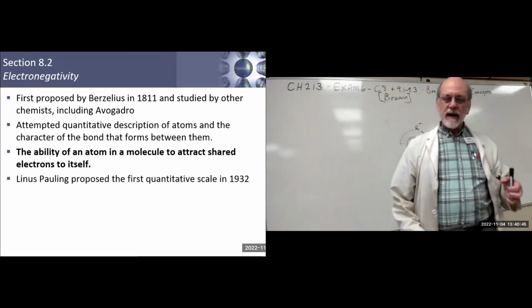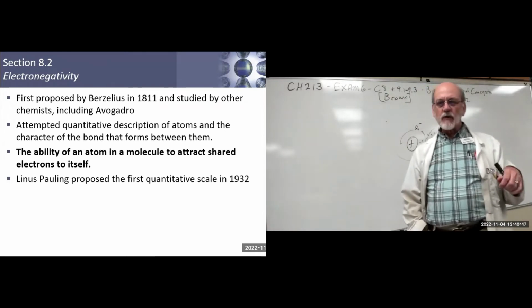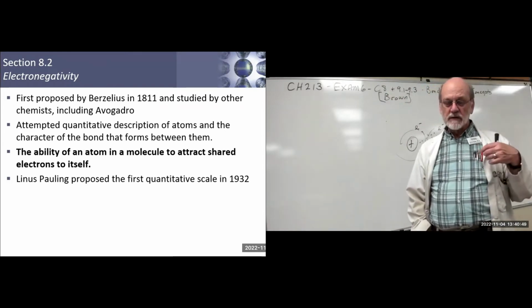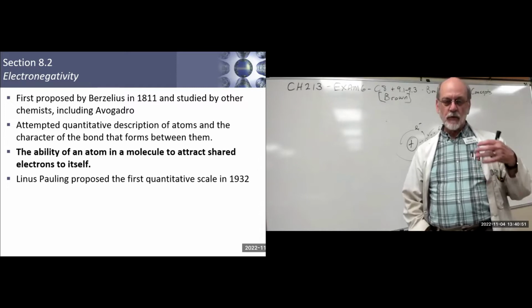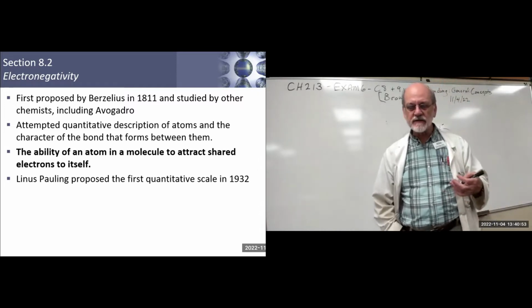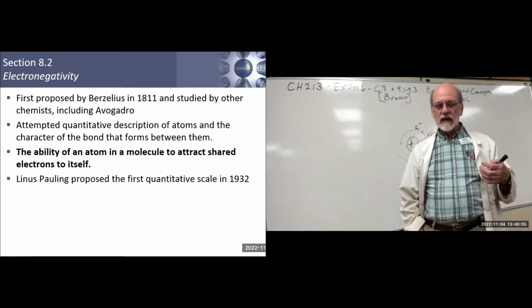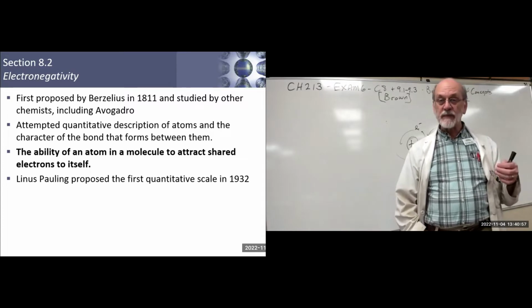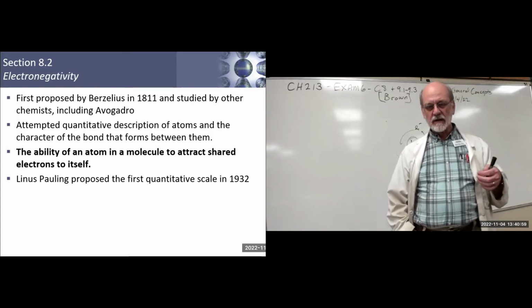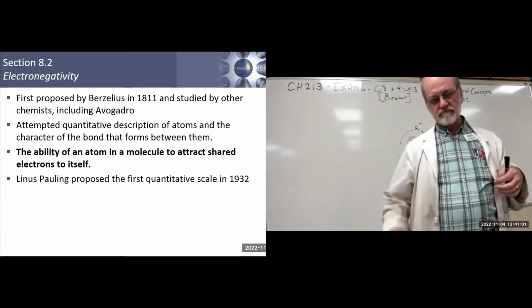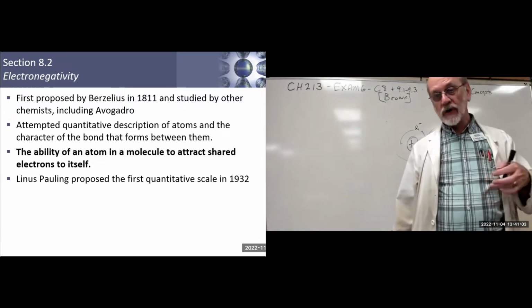Okay. The most commonly used scale for expressing electronegativities was proposed by Linus Pauling in the early 20th century.